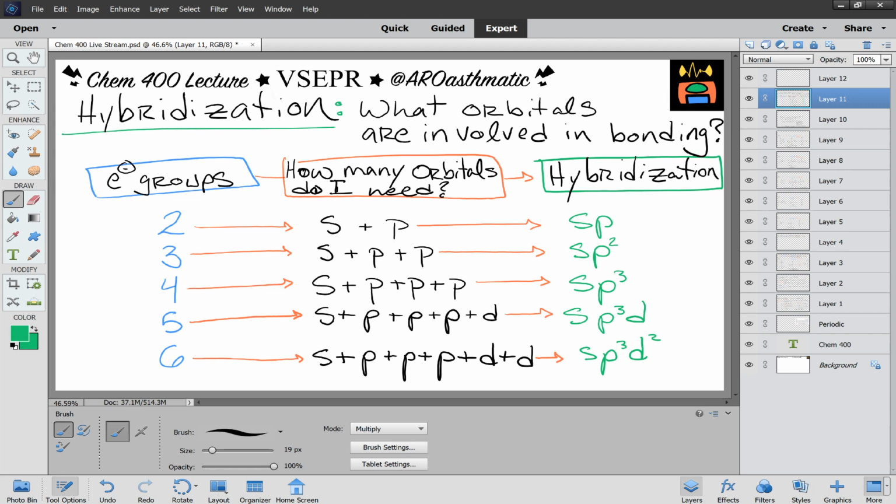It's very rare. And so you will never see more than 2 d orbitals or any f orbitals involved in hybridization. So this is as complex as it gets.